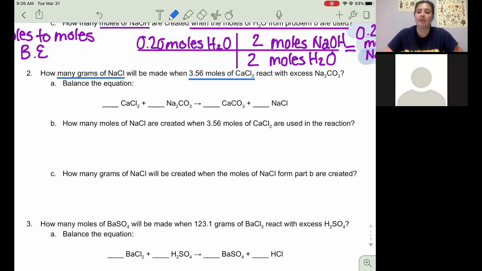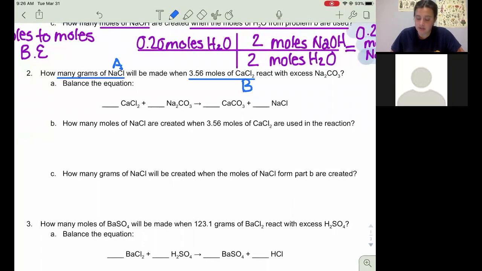Whenever you see grams of one substance, we'll call it A, going to any form of B, like grams of A to grams of B, or grams of A to moles of B, you know it's going to be more than one step.